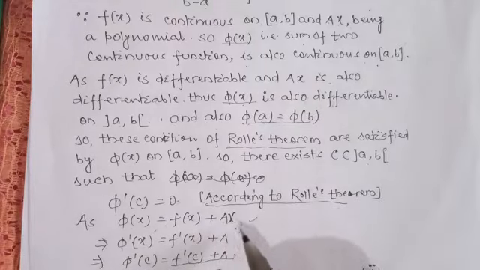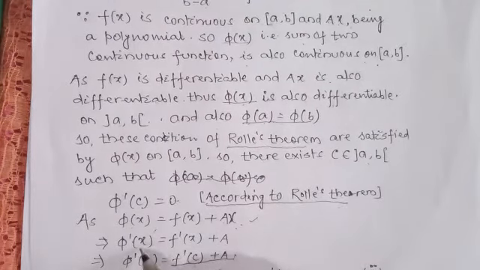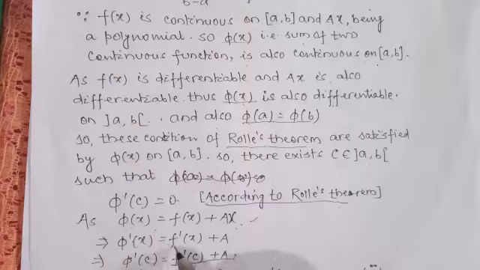Here differentiation of x, we already know, is 1, so only a is left. Now replace this x by c. It should be phi dash c is equal to f dash c plus a.